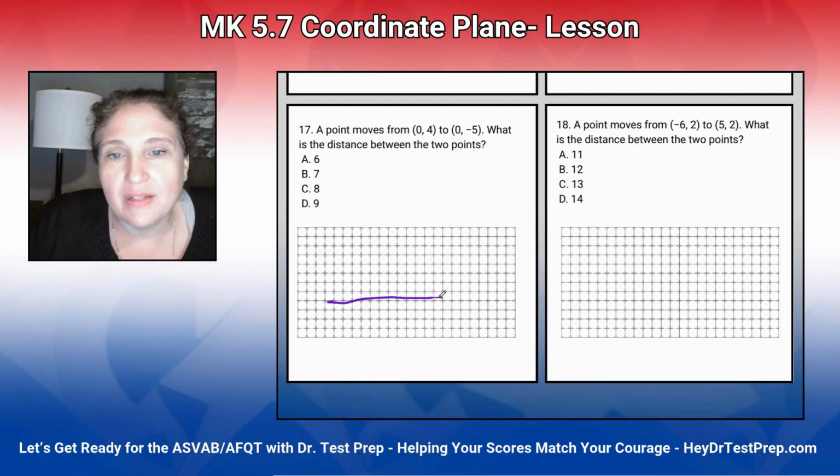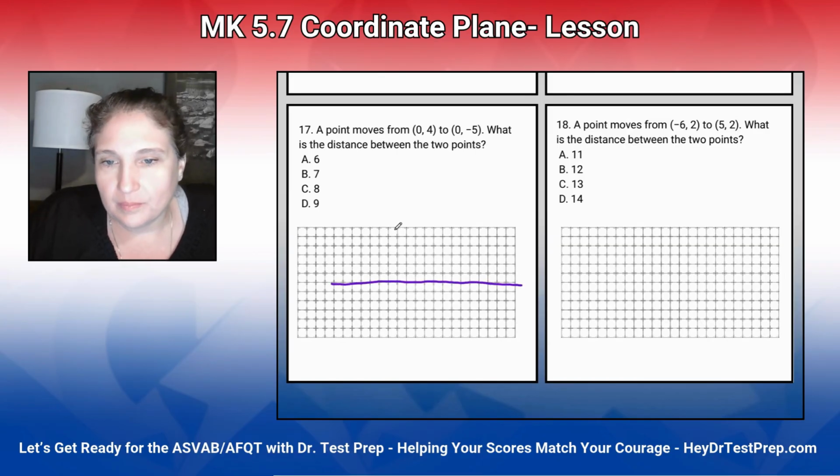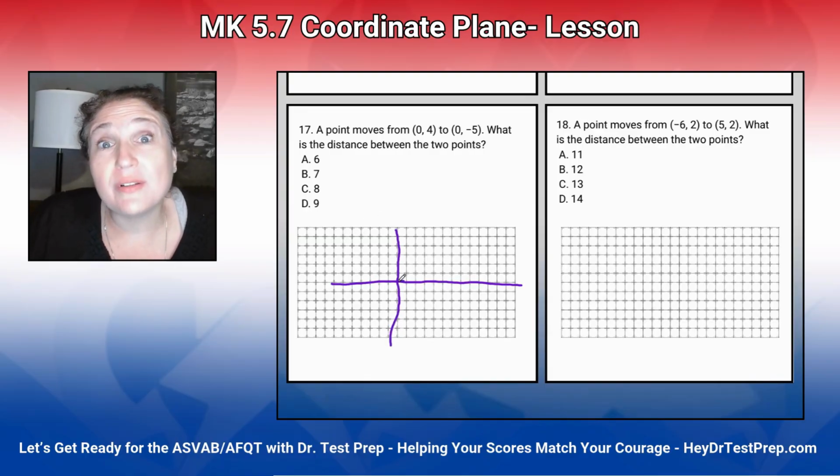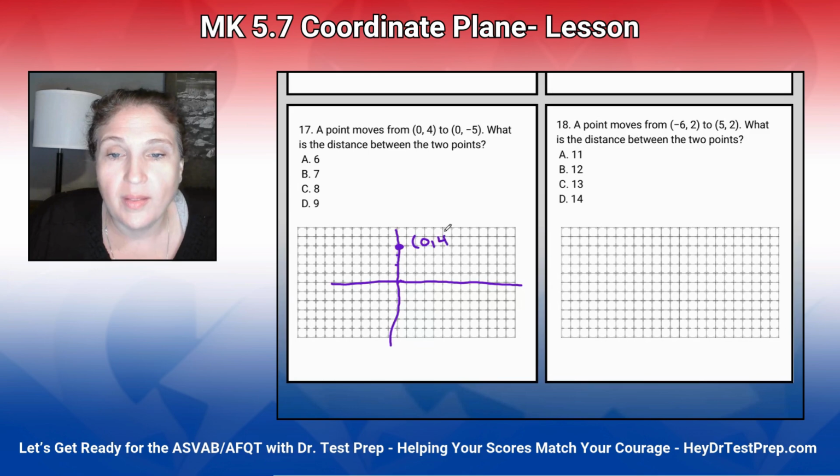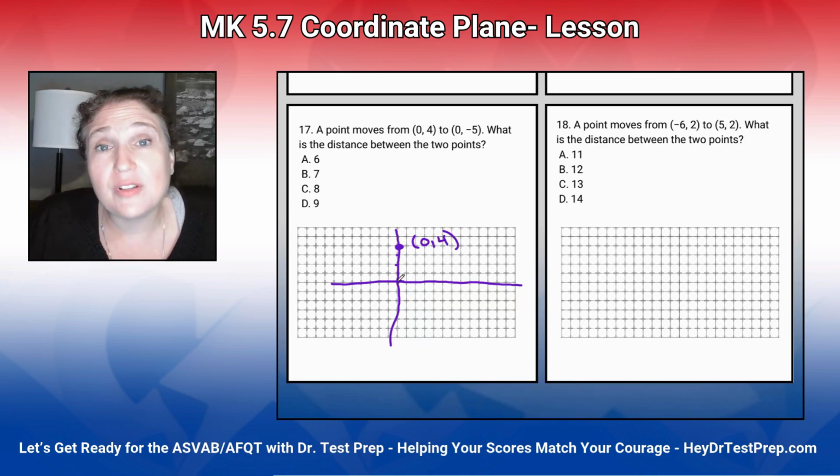All right, here's our next one. This one's a fun one. Here we have over 0 up 4. So here's my 0, 1, 2, 3, 4. Then we have over 0 down 5. 1, 2, 3, 4, 5.